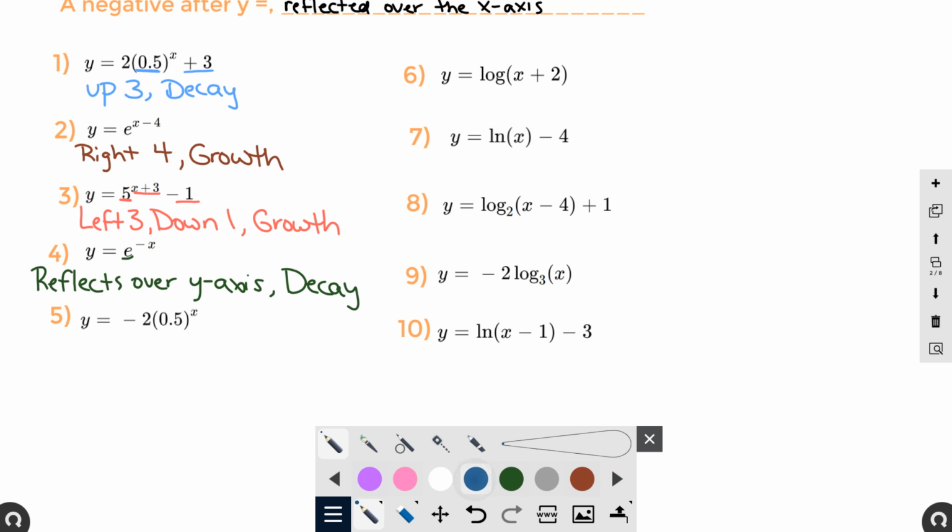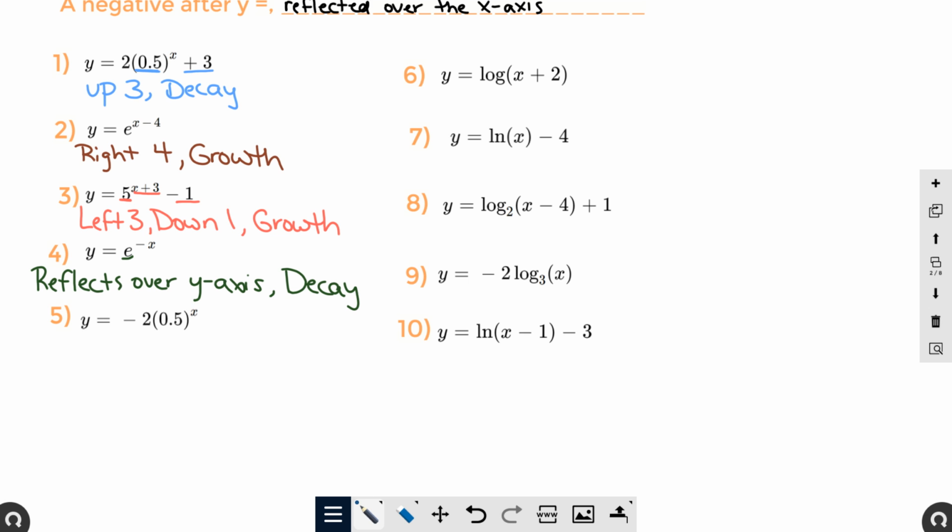All right, let's do our last one in this column. Y equals negative 2, parentheses 0.5 to the x. So we don't have anything added or subtracted, so there's no moving left, right, up, down, but it does start as a negative, which means it reflects over which axis? The x-axis.